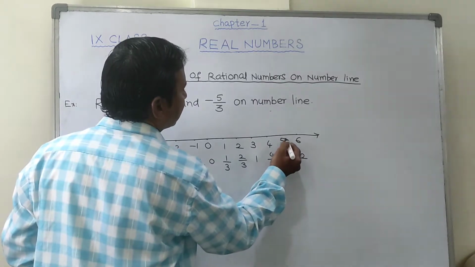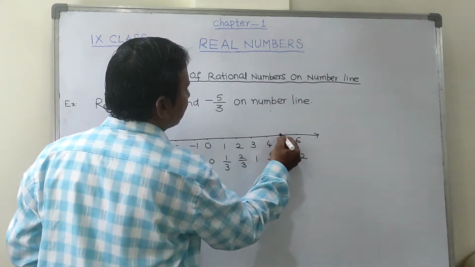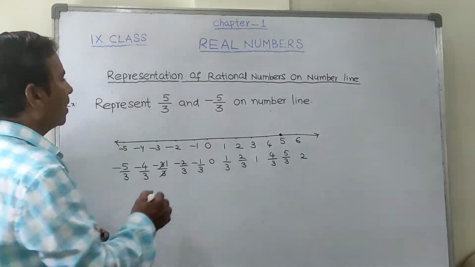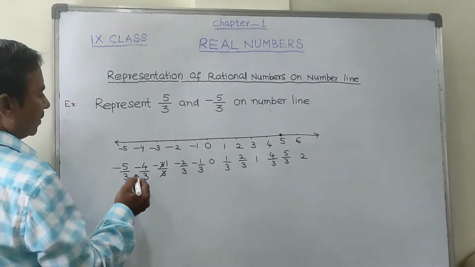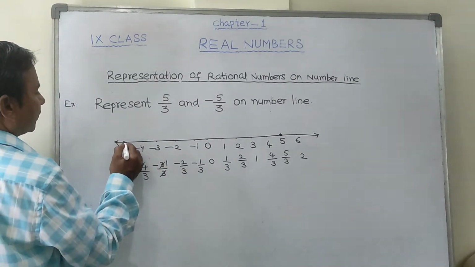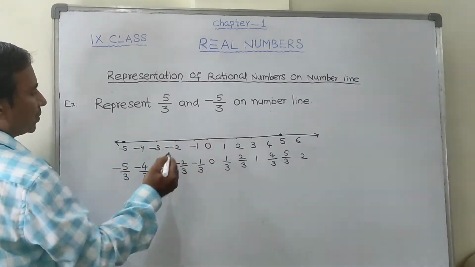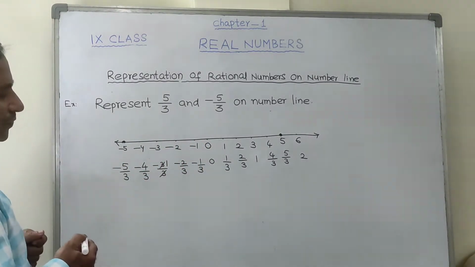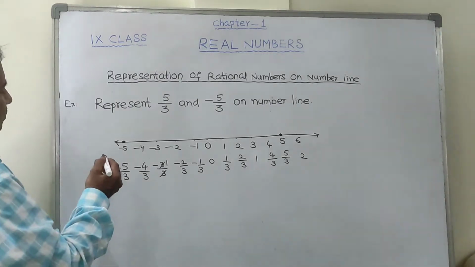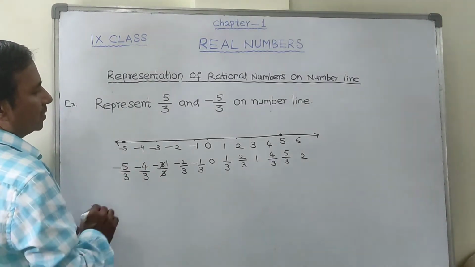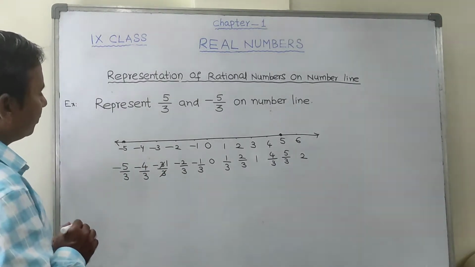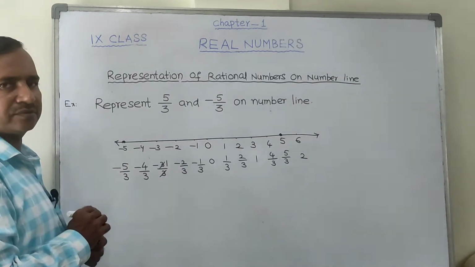We represent it by taking the point here. Whereas minus 5 by 3 you will see here. Minus 5 by 3 means from 0 after 5 parts the fifth part becomes minus 5 by 3. Like that we have to represent on the number line.